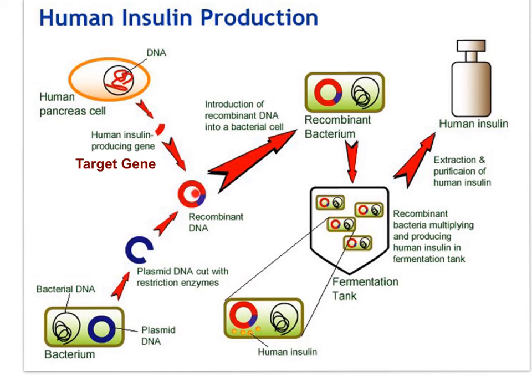The recombinant plasmid is inserted into a bacterial cell that produces insulin as a protein. This transgenic bacterium now produces a protein not previously part of its species' proteome. As well, the bacteria can be industrially cultured in a fermentation tank to produce industrial-scale quantities of the protein.